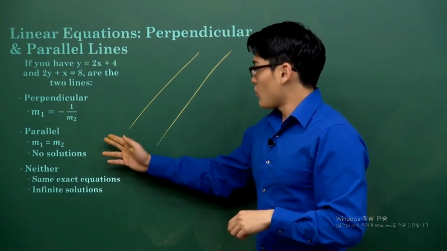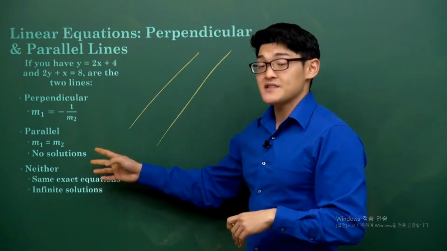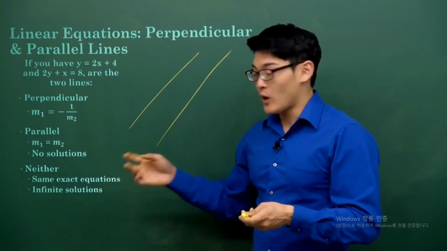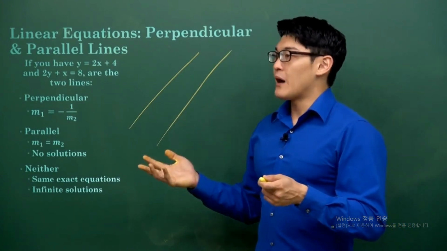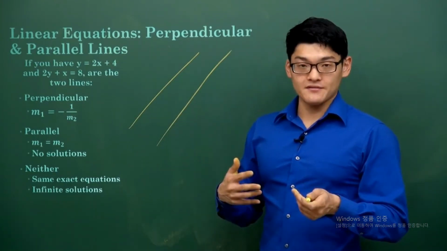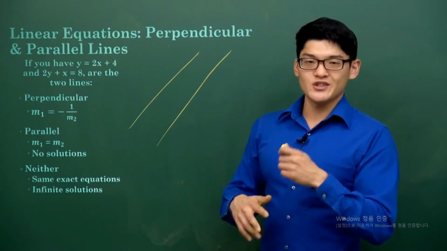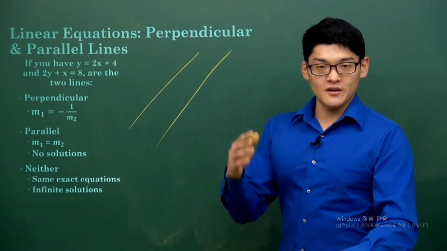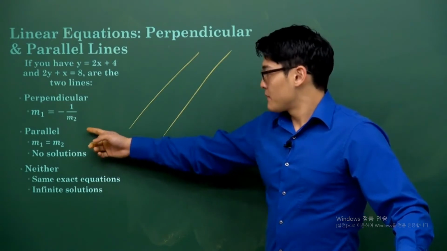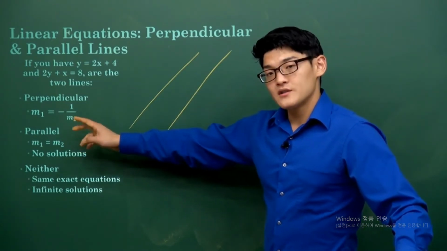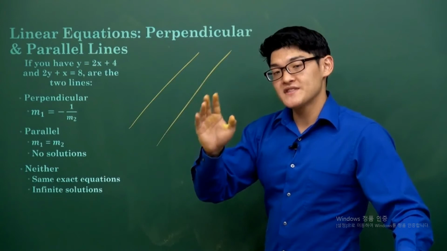When you're given something like this, you might be given another type of question that asks how many solutions these two lines have, with possible answer choices like 0, 1, 2, or 3. Two lines are parallel if their slopes are the same.